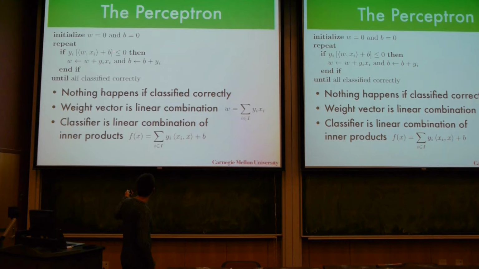It means that the sign of the output is different from the label. That's the only case when it can be negative. And when that happens, I simply add the observation times the label to my weight vector. I do the same thing for the bias. This is for two classes, but you can do it for more than two. Conceptually, this is the system.